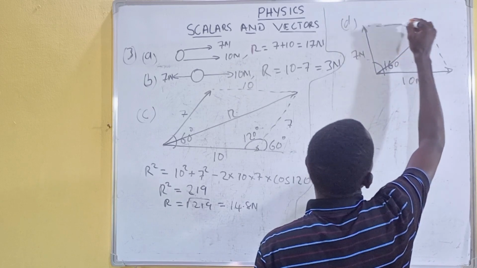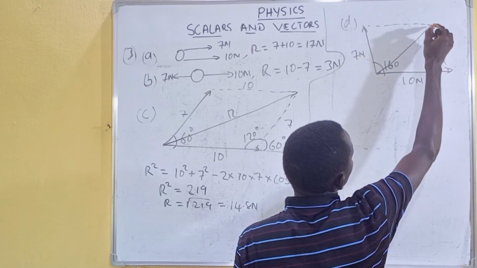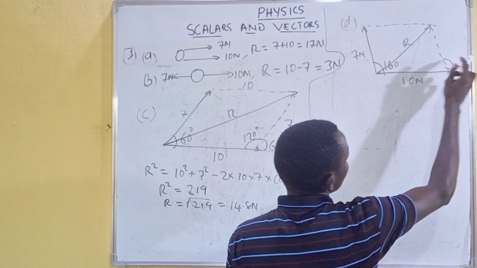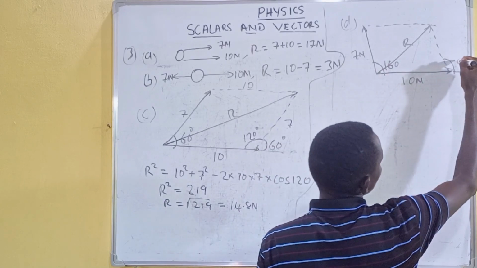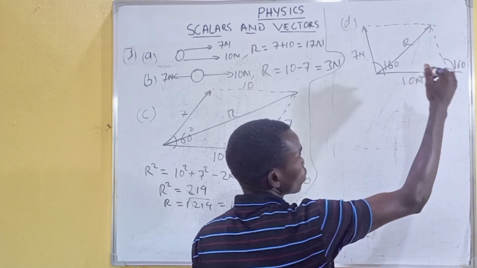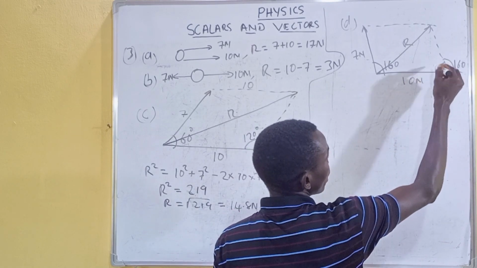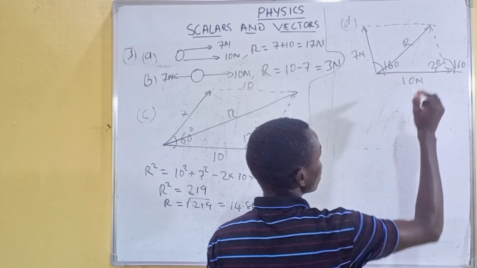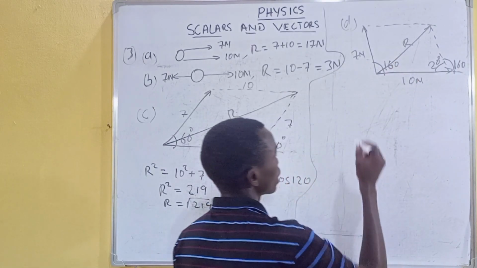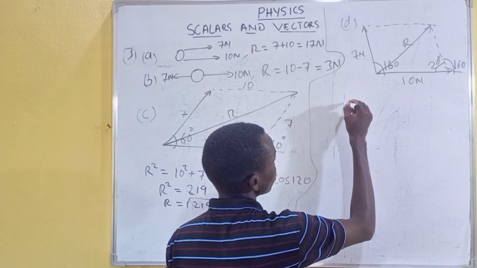This angle and this angle are equal, as they are corresponding angles. When you subtract this from 180 in a straight line, here will now be 20 degrees. From here, we can find our resultant using the cosine rule.